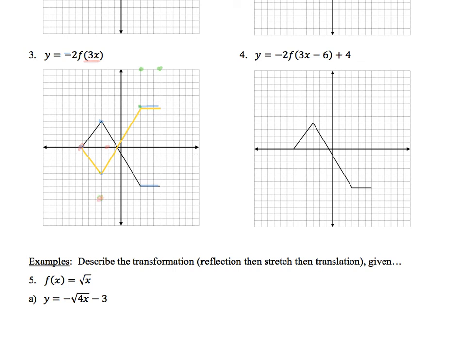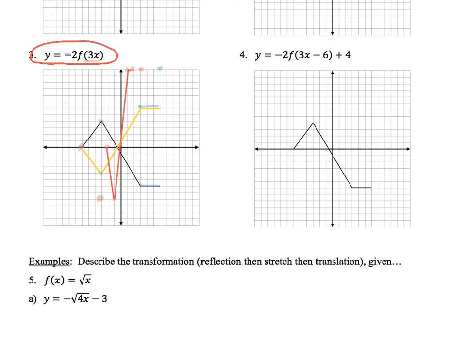Here, where x is negative 3, will be mapped to a negative 1. Here, where x is 3, it'll be mapped here to a positive 1, and the x of 6 to a positive 2. And so we get this red graph, and that is what this final transformation will look like for this function.